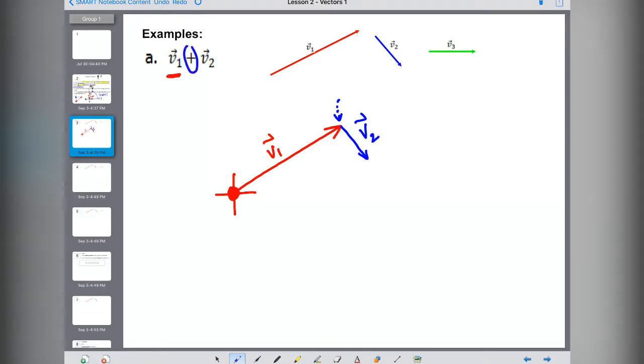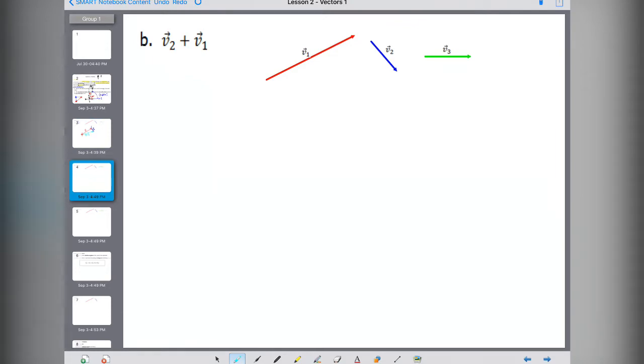Whenever I'm adding, it's almost like saying you just keep going. You don't go back to the starting point. Wherever you left off, you keep going. Okay, and then the resultant vector is always from the starting point to the ending point. So from where I started, I draw a line towards the ending point, and the resultant vector is v1 plus v2.